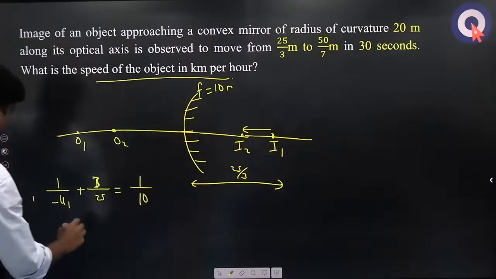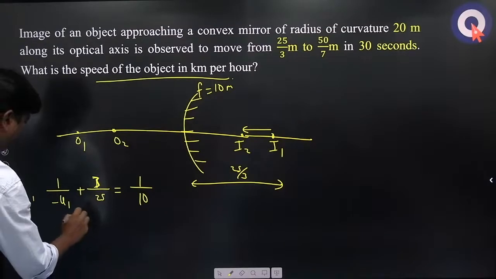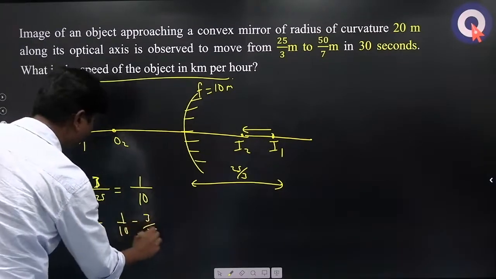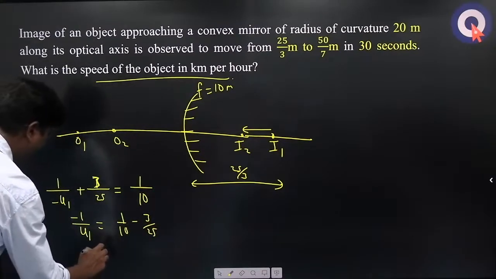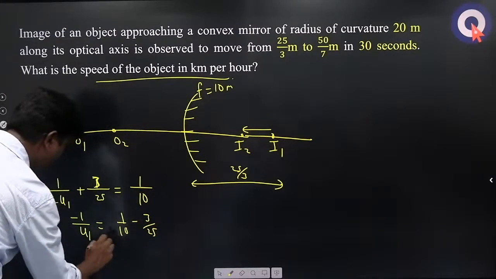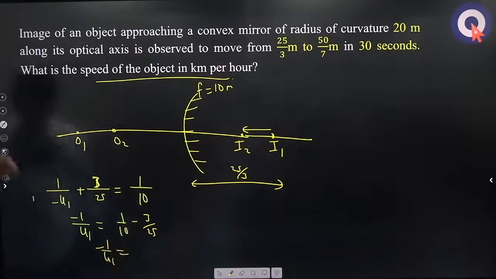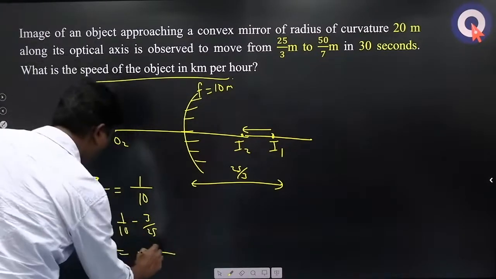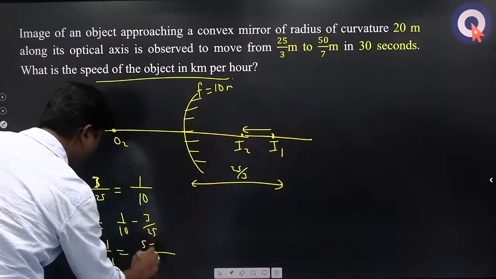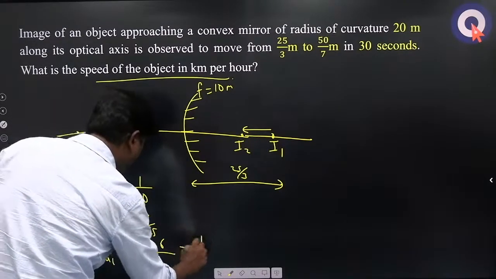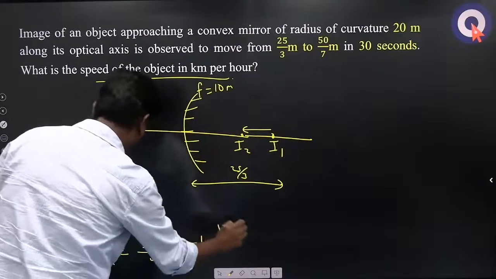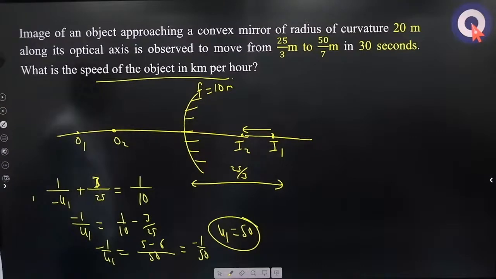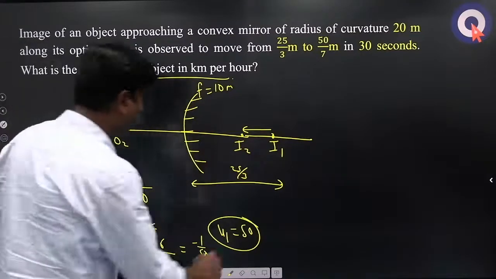So here you will get minus 1/u1 is equal to 1/10 minus 3/25. Just calculate the value of u1. How much will you get? That means u1 is exactly 50 meters.